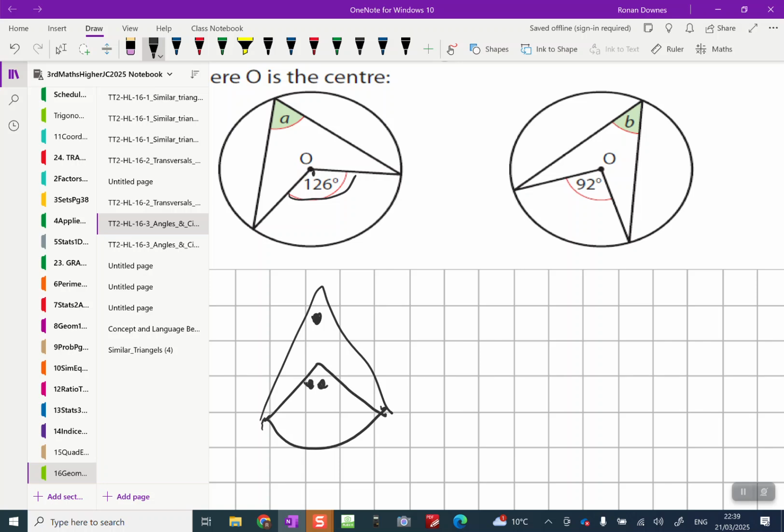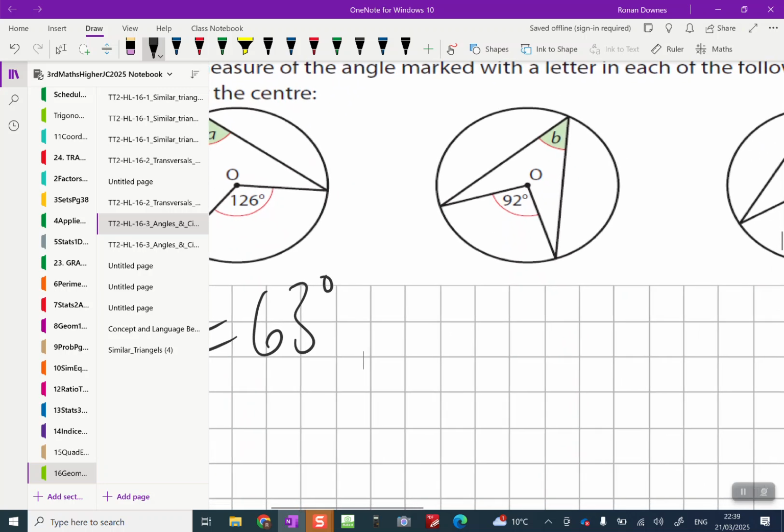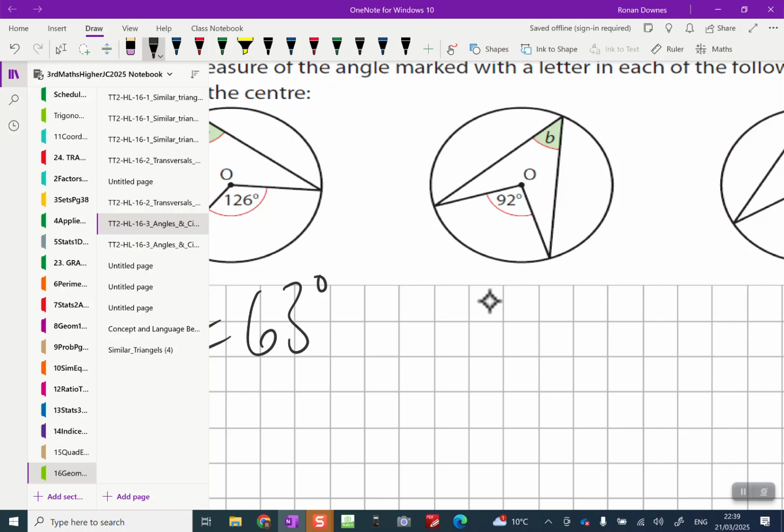Okay, so we know the double of the angle is 126. The double of angle A is 126, so half of 126, half of 12, you get 6. Half of 6, you get 3. So A equals 63 degrees. Half of 92 is half of 90 plus 2.